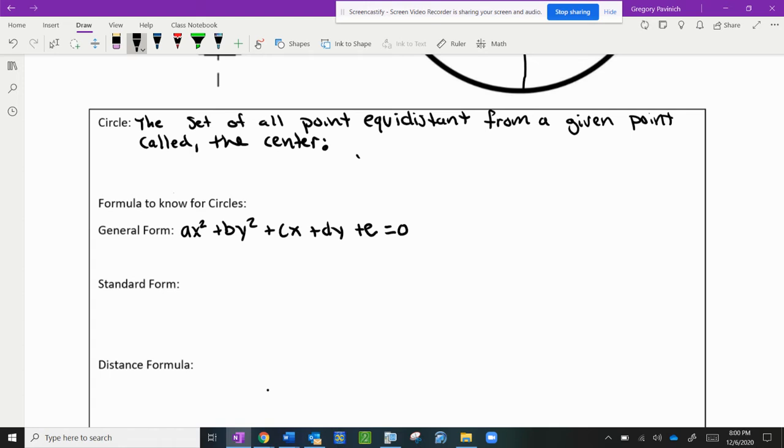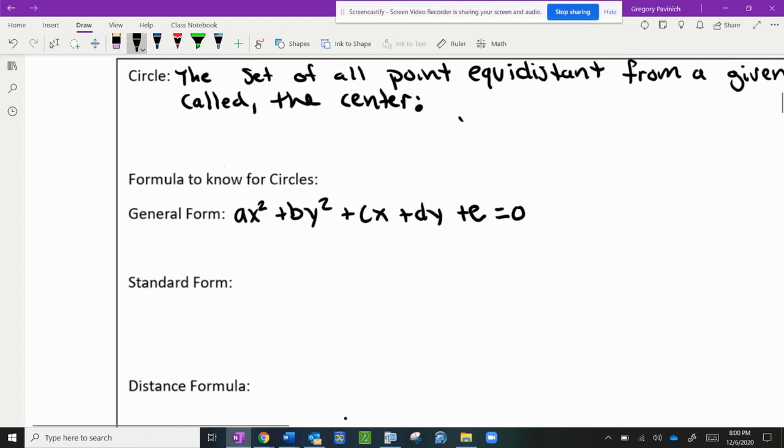What we want to be able to do is recognize, when we're given an equation with numbers and variables, whether it's a circle, hyperbola, parabola, or ellipse. And that's very easily done. You just look at the squared terms, the two quadratic terms, and then you look at the coefficients.